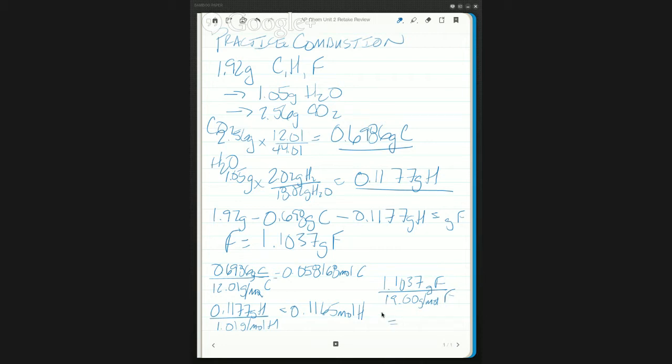That equals 1.1037 divided by 19. Oh, that's interesting, 0.05808. I'm going to change the colors of my ink for a second, to green. I would say that these two are basically the same.